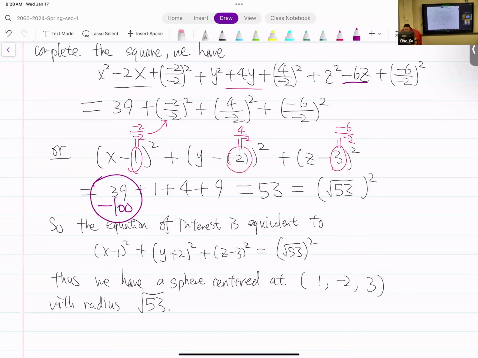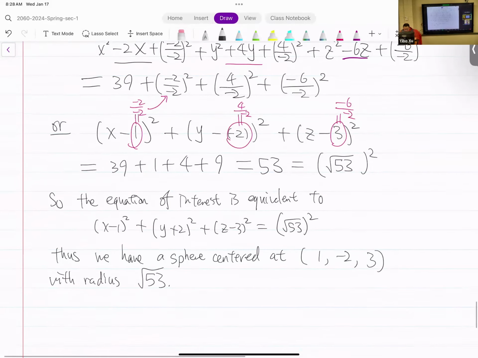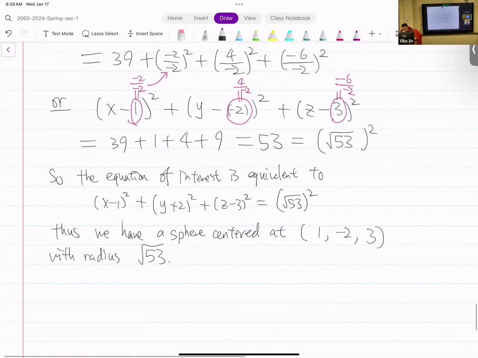In that sense, although you start with an equation, it's not really defining anything reasonable. So in that case, although the appearance looks to be a sphere, the radius is not even real, right? Imaginary. So that's something you may see if you start with some general equation.